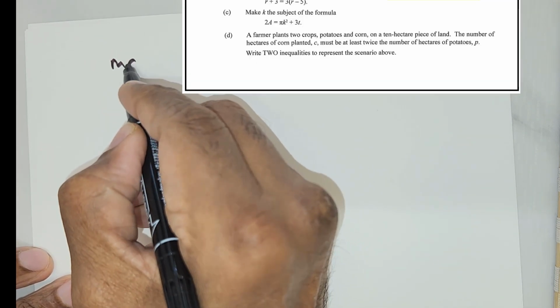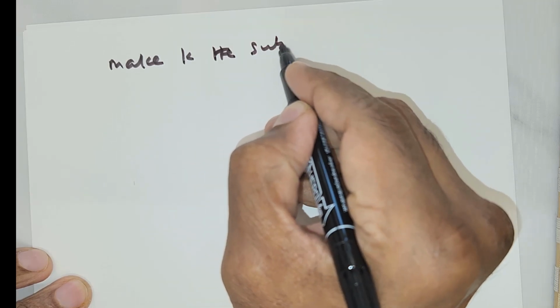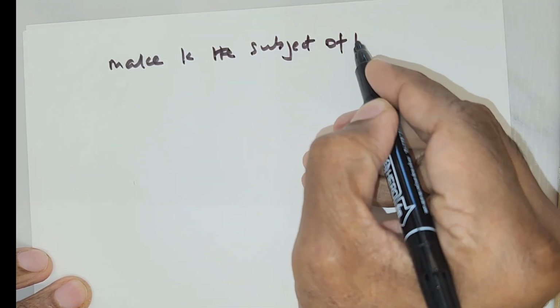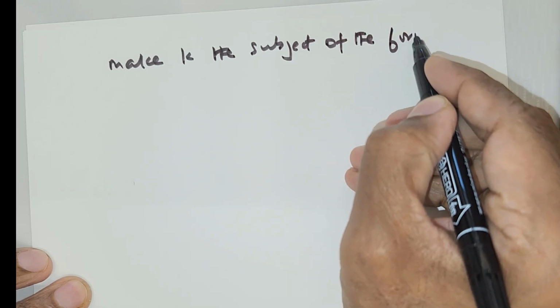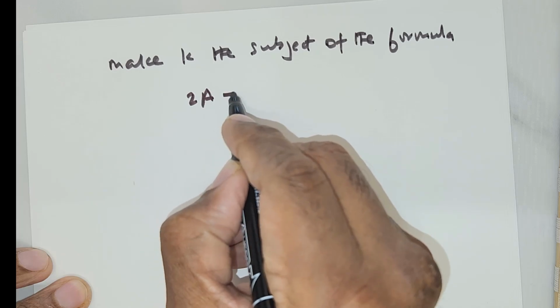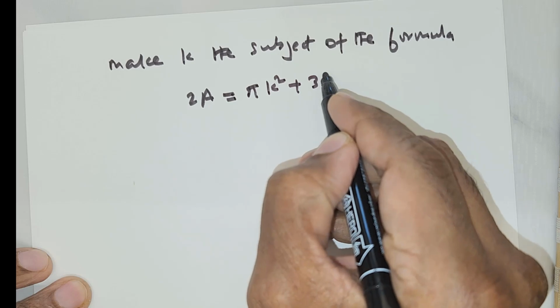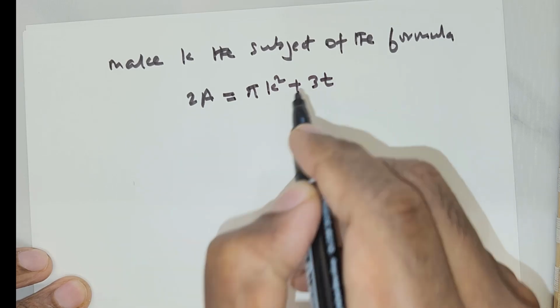We are asked to make k the subject of the formula. So we have 2a is equal to pi k squared plus 3t. This is what we've got.